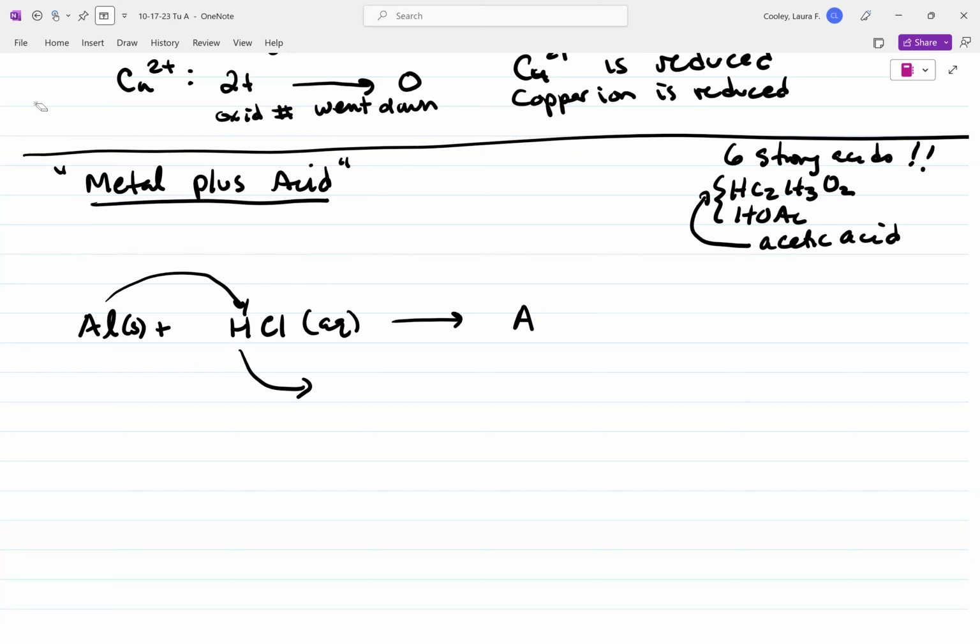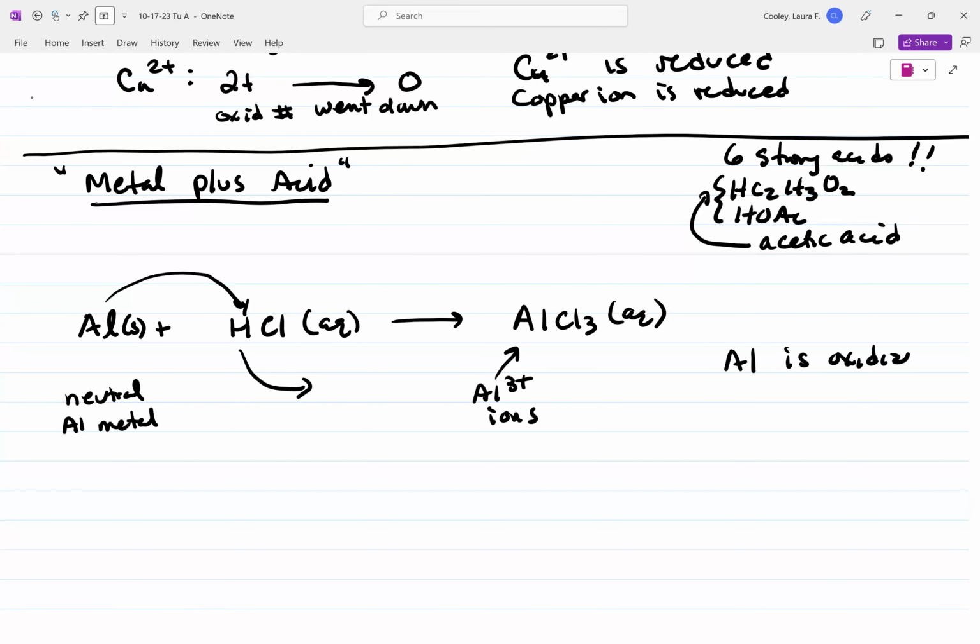And so on the left, we have this neutral aluminum metal. On the right, we have aluminum ions. Okay, so what happened was aluminum is oxidized to Al3+.